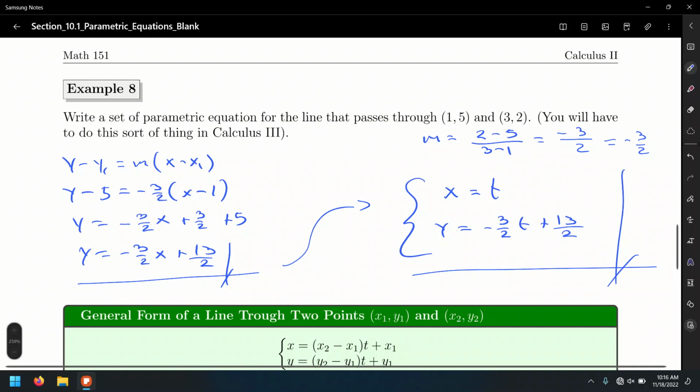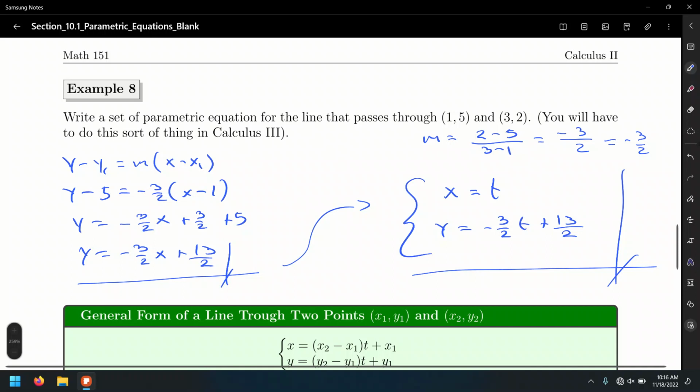However, in Calc 3, you will use a different method. I don't want to get into the details, but roughly speaking, at the beginning of the semester in Calculus 3, you're going to learn about vectors and how to find a vector given two points: the vector is found by subtracting the initial point from the terminal point.